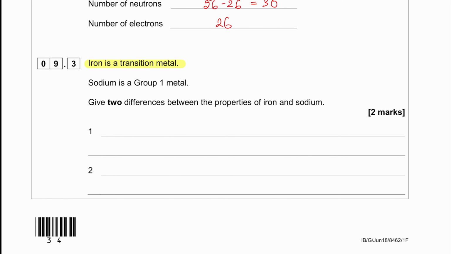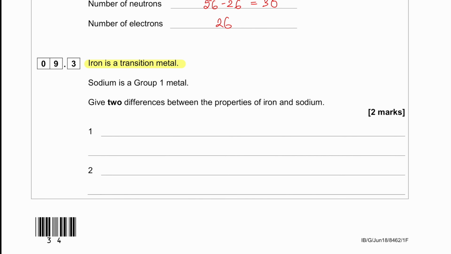Iron is a transition metal. Sodium is a group 1 metal. Give two differences between the properties of iron and sodium. So basically, iron has a higher melting point. Iron is denser. Iron is stronger, obviously.